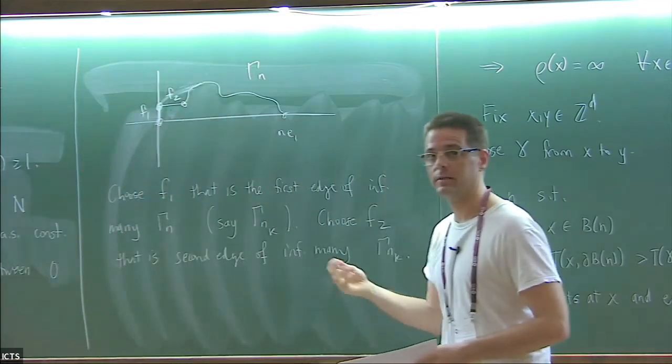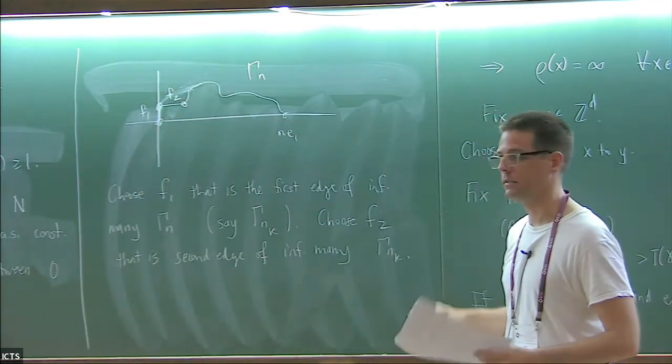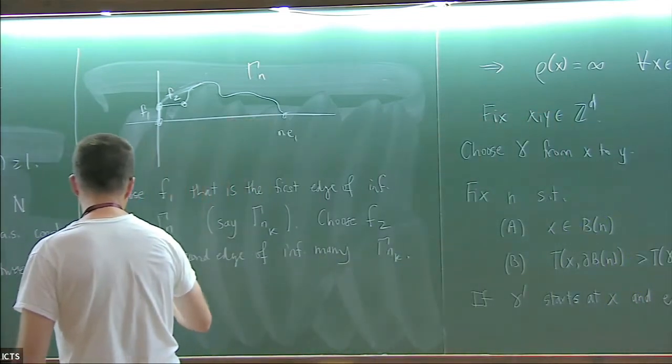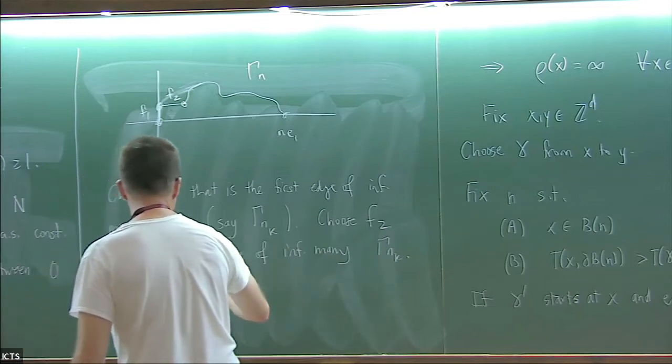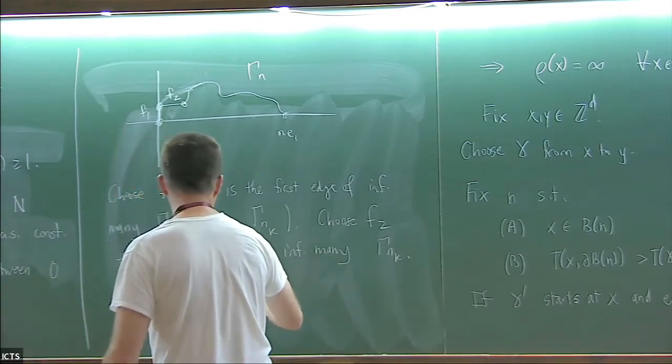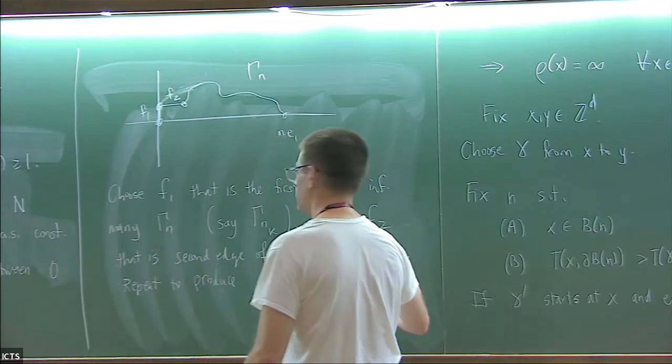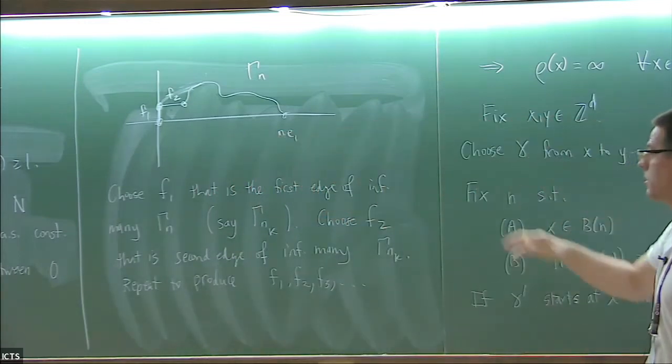Now we just repeat this procedure over and over. This is really a diagonal argument. Right, so repeat to produce the sequence F1, F2, F3, and so on. Okay, these are all connected to each other.